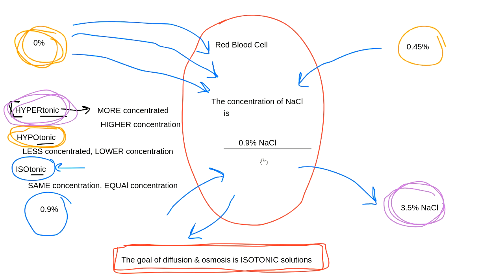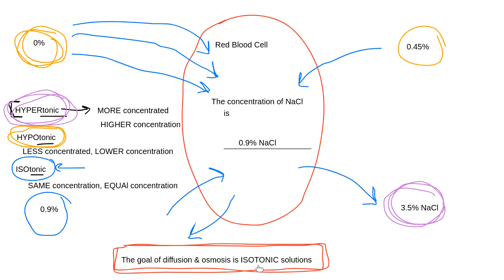Because see, it looks like I have a lot more water on the inside of this cell than I have on the outside when I put it in a 3.5% saline solution. So what I'm going to do is steal water from my red blood cell to try to get the concentration inside to match the concentration outside. I am essentially dehydrating my cells. I'm stealing water from my cells to try to make them match.